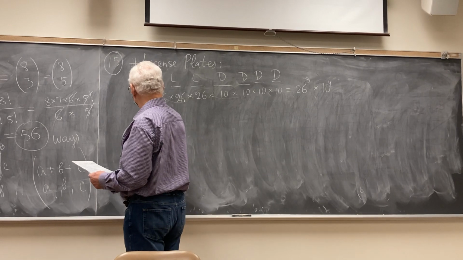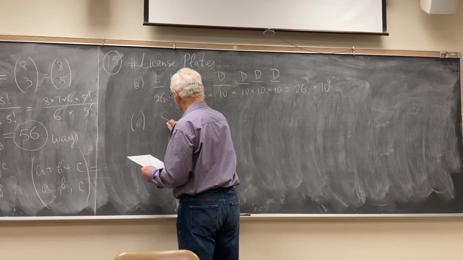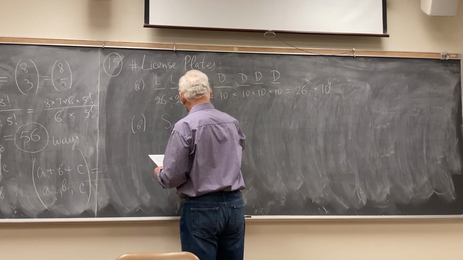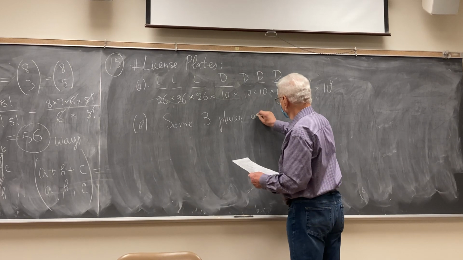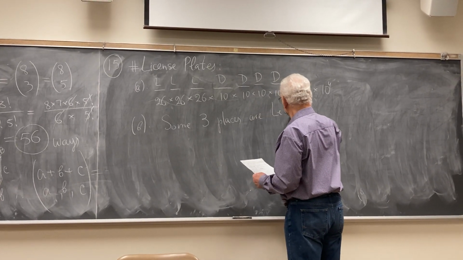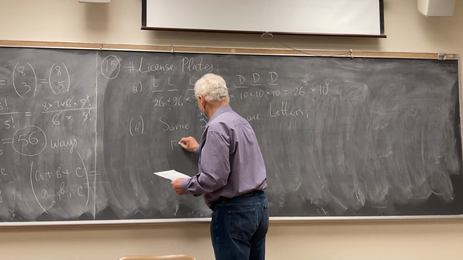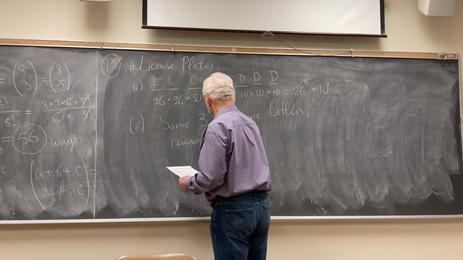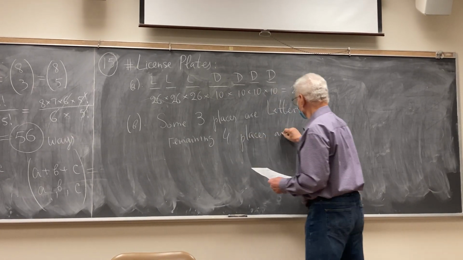But now, the second part. Some 3 places are letters, the remaining 4 places are digits.